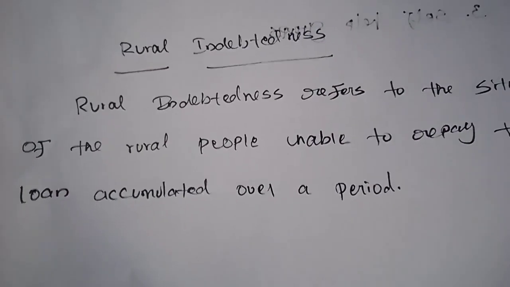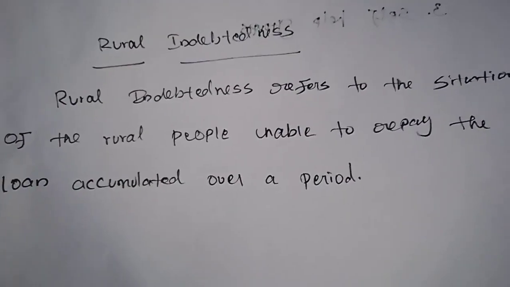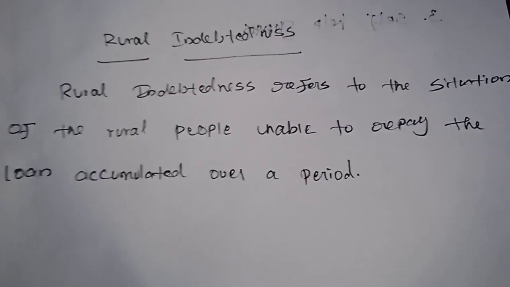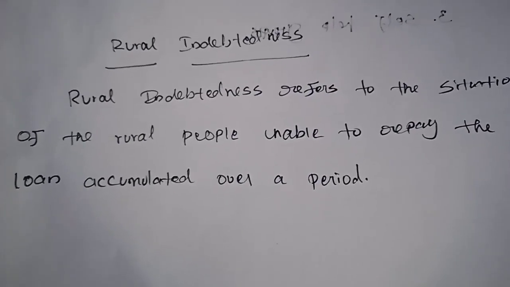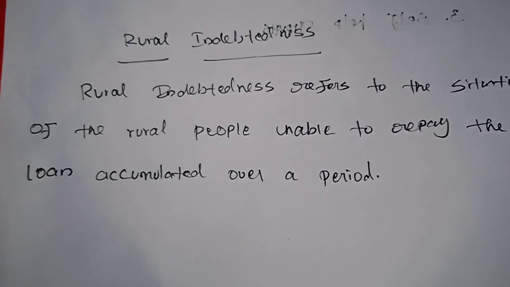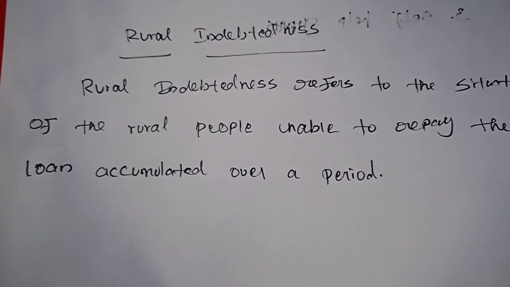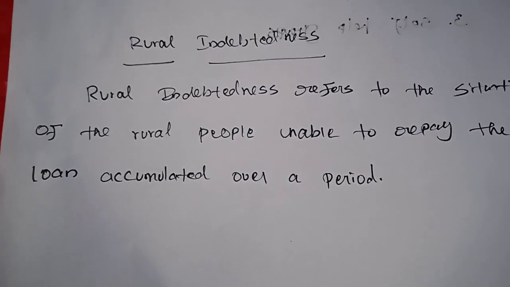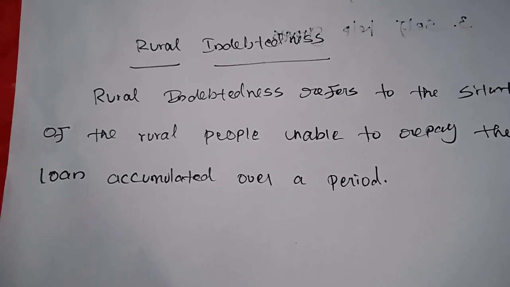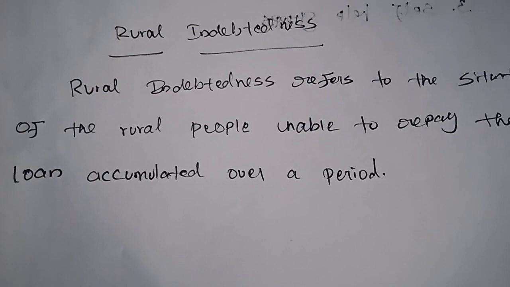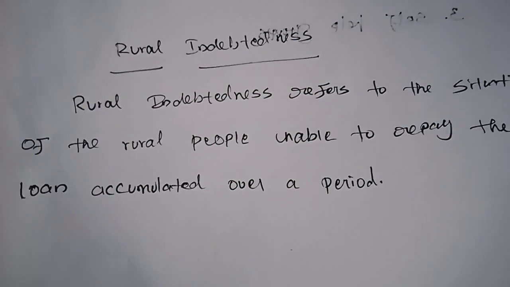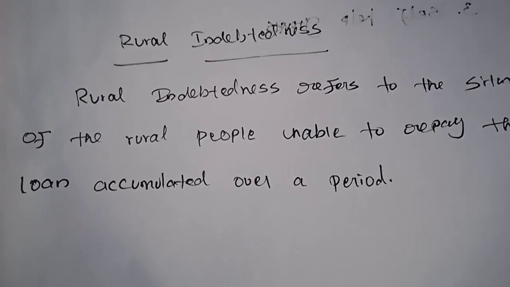For the purpose of cultivating commodities or meeting family needs, they borrow money from local money lenders or financial institutions. If they are not able to repay the money to the local money lenders or the financial institutions, it is considered rural indebtedness.